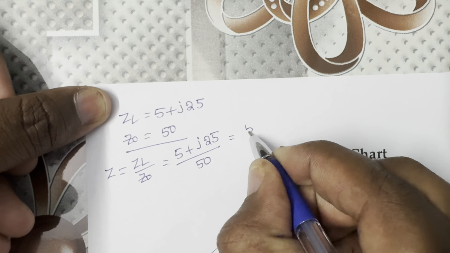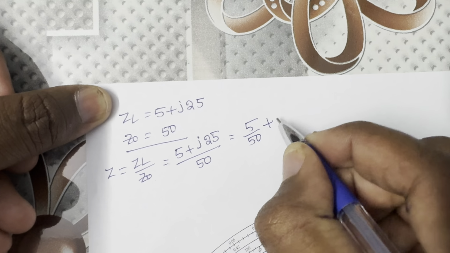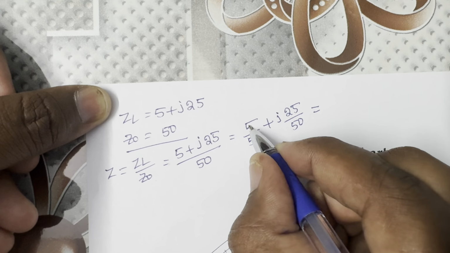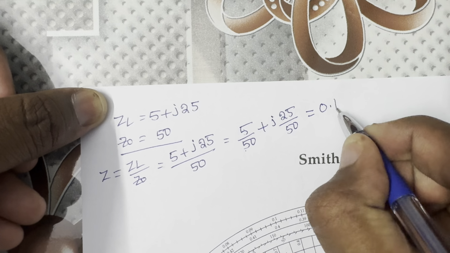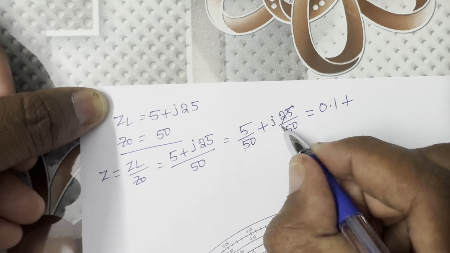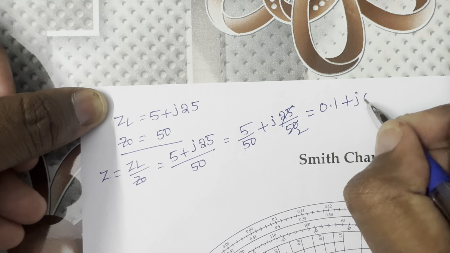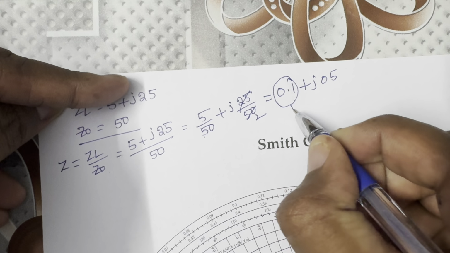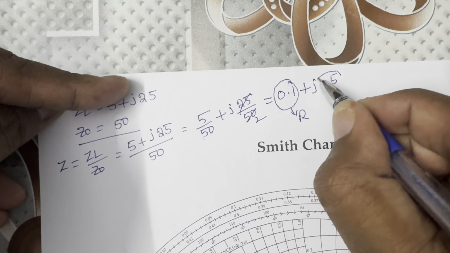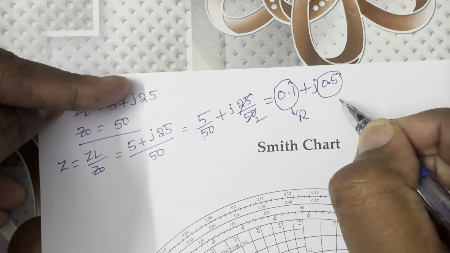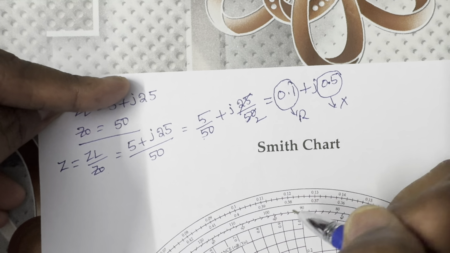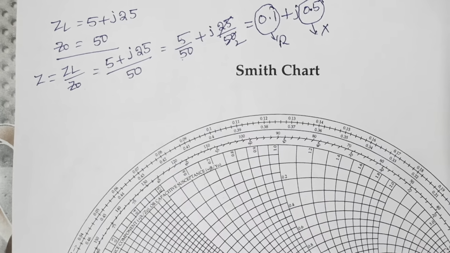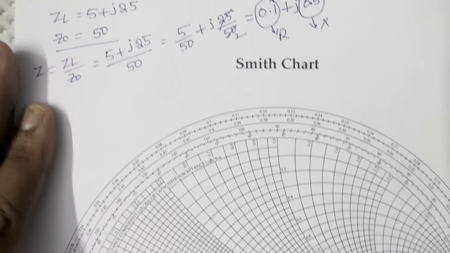That is equal to 5 by 50 plus j25 by 50, which is 0.1 plus j0.5. Here 0.1 is the R value and 0.5 is the X value. Here the X value is also positive. Now I have to search for 0.1 and 0.5.